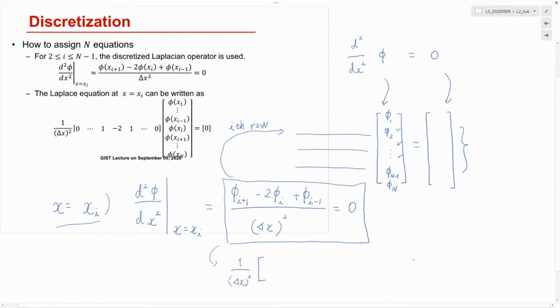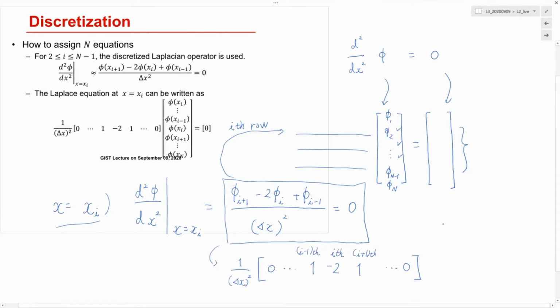And we can easily recognize it as a leading coefficient and a row vector where all components are zero except for -2 at the ith position and 1 at the i minus 1th and i plus 1th positions.